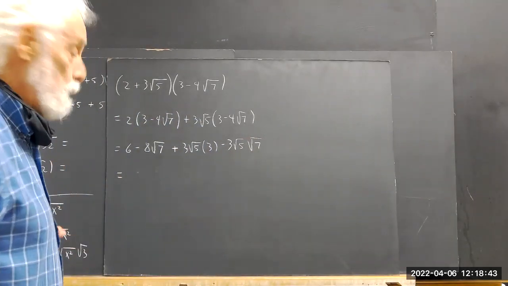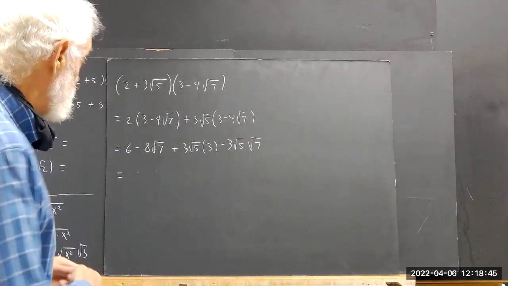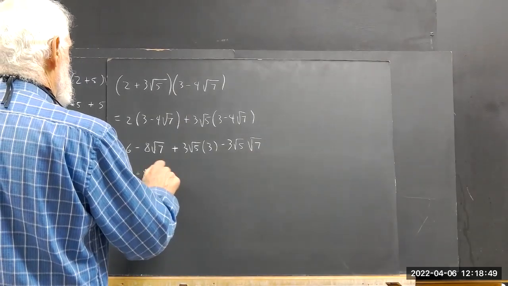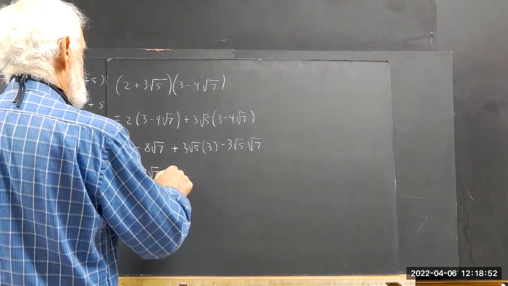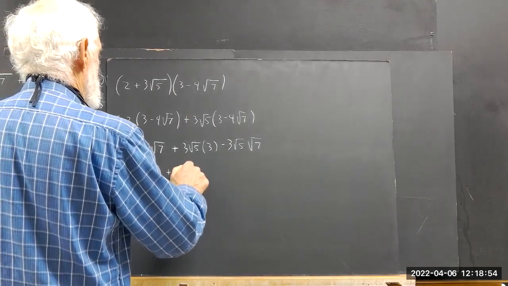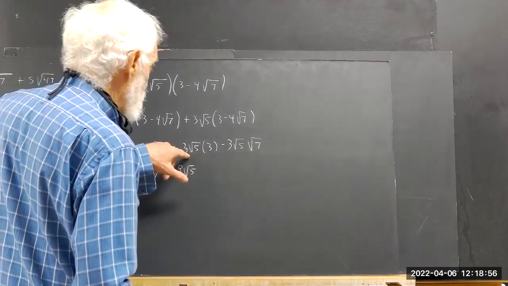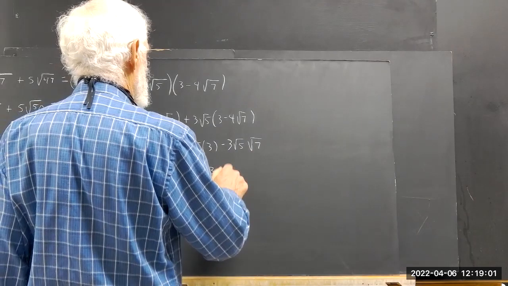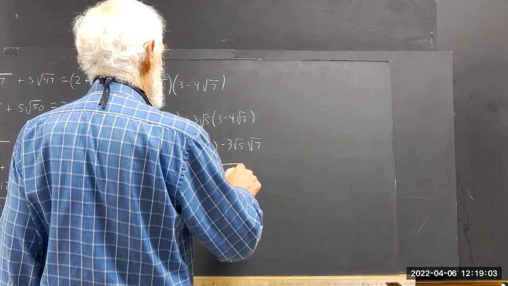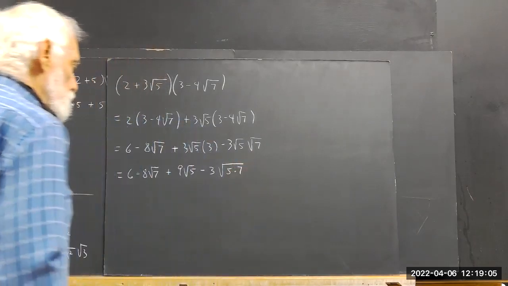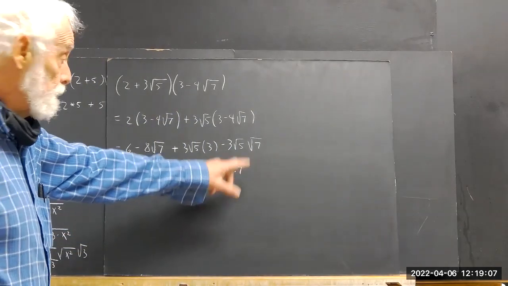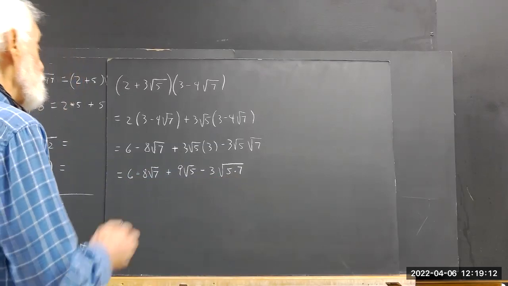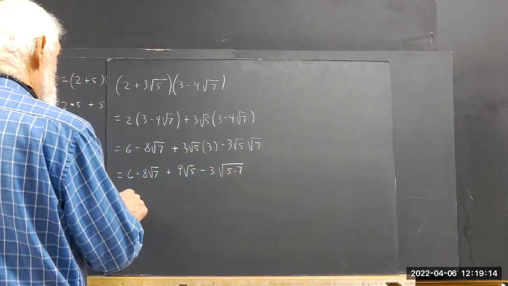So we're just doing the distributive law and writing it out carefully. So we get 6 minus 8 square root of 7 plus 9 times the square root of 5 minus 3 times the square root of 5 times 7, because the square root of 5 times the square root of 7 is the square root of quantity 5 times 7.